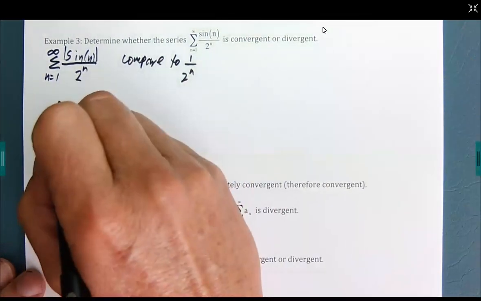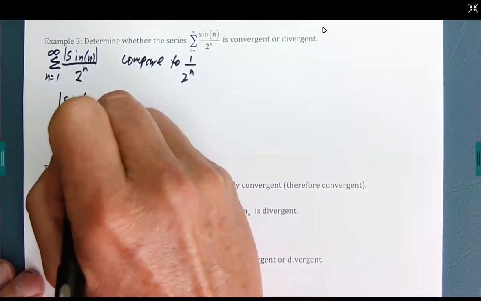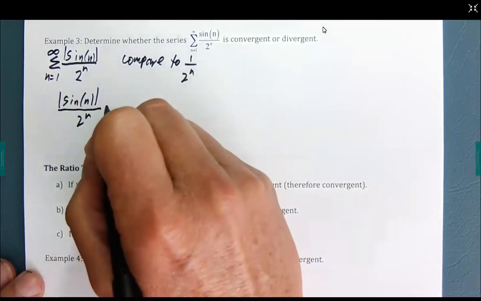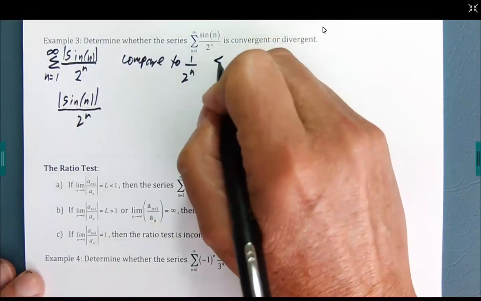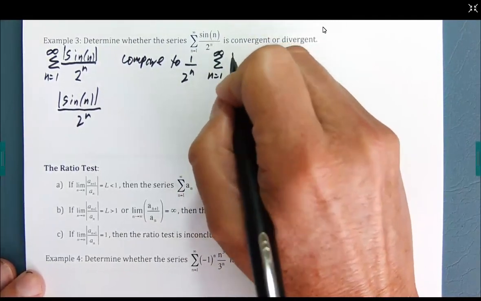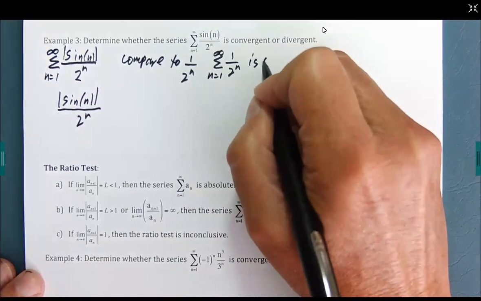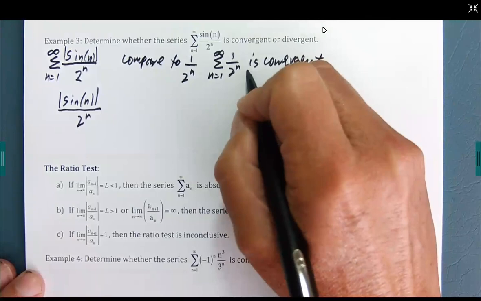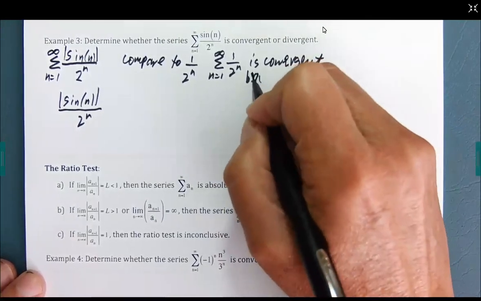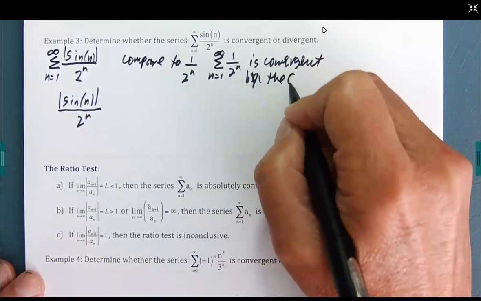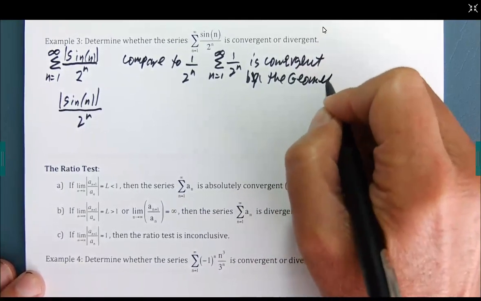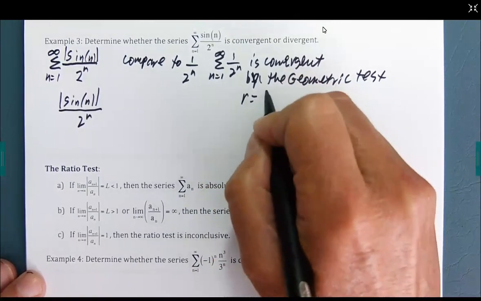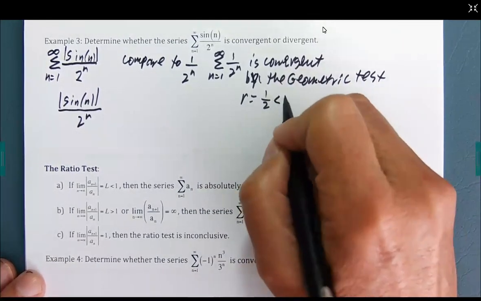I'm going to note that absolute sine of n over 2 to the n is always going to be, and by the way, we know that this is convergent by the geometric test. Meaning r in this case is 1/2, which is less than 1.